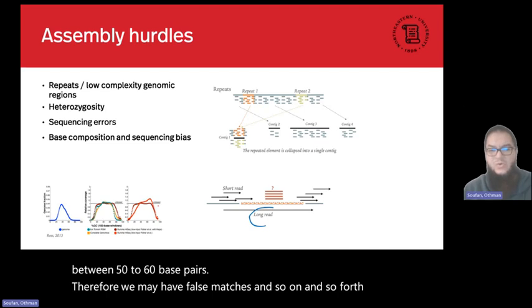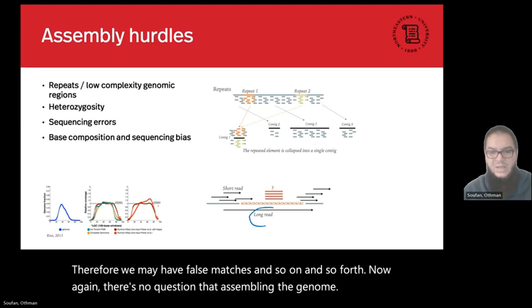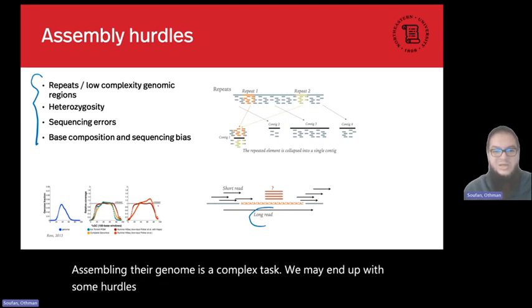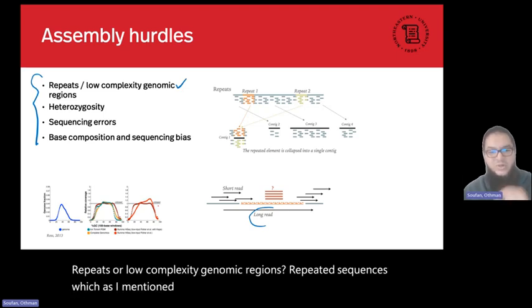Now, again, there's no question that assembling the genome is a complex task. We may end up with some hurdles or challenges. For example, repeats or low complexity genomic regions, repeated sequences, which as I mentioned earlier, especially those longer than the read length.